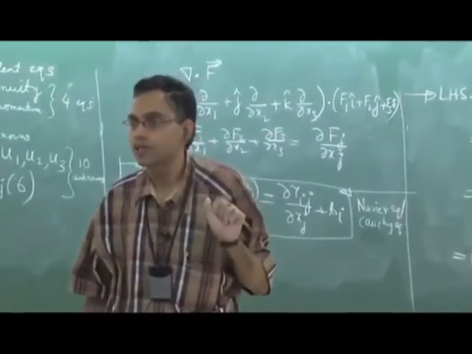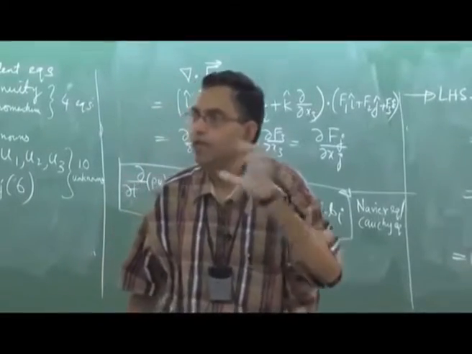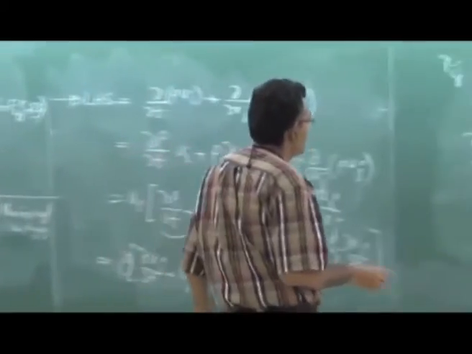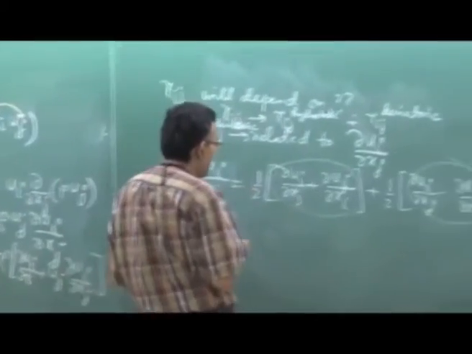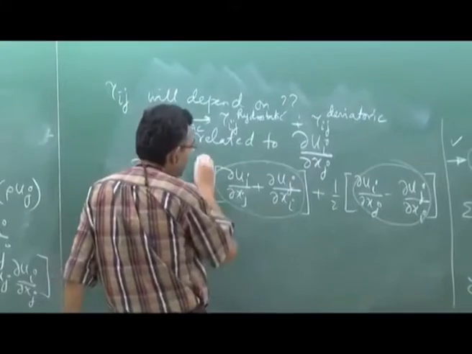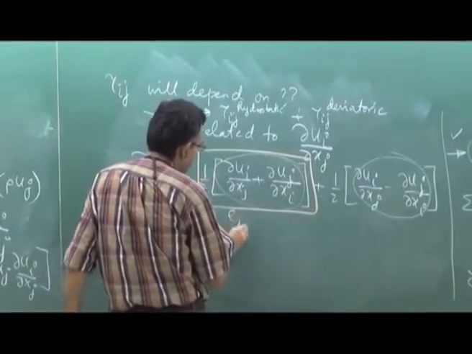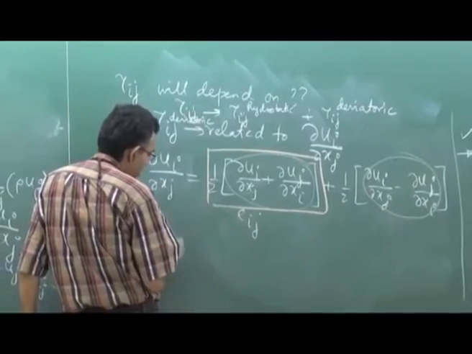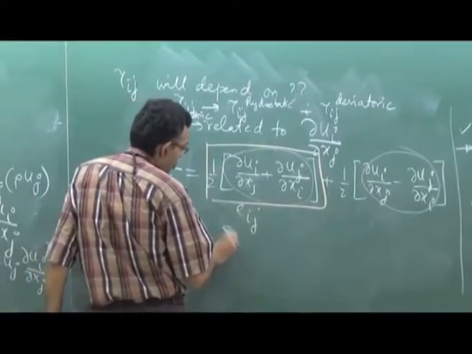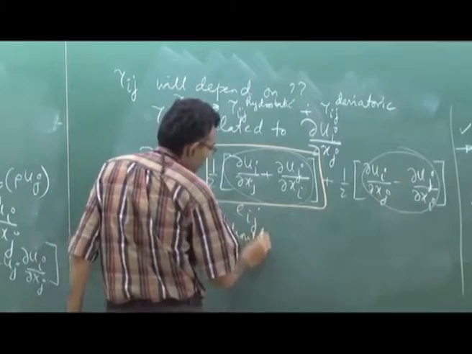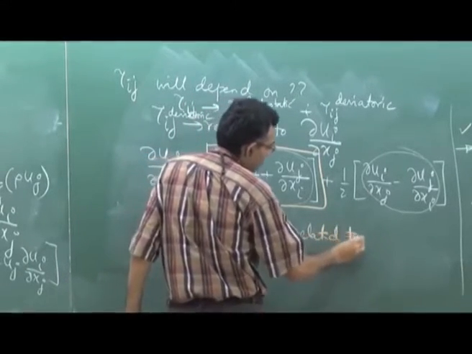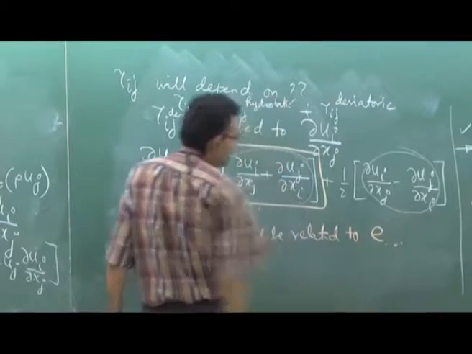Rotation will not give you stress. It is like a rigid body type of behavior. So you can say that if you give this a name Eij, then tau ij should be related to this E.